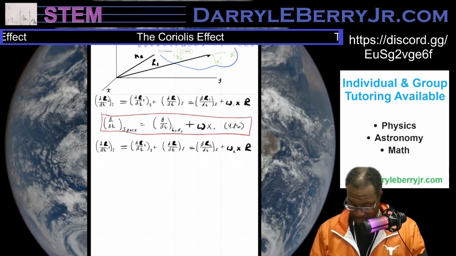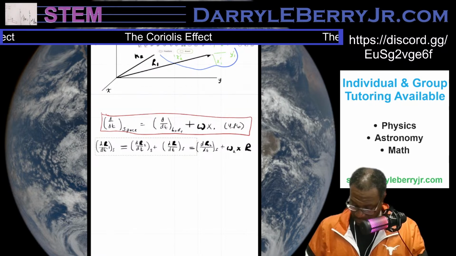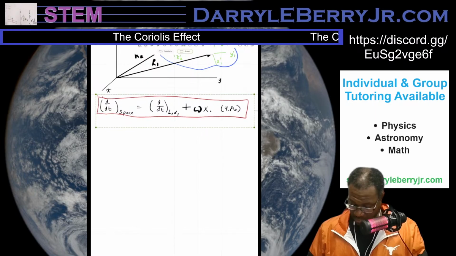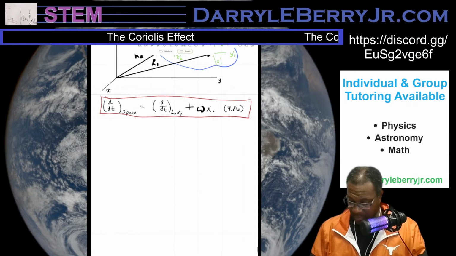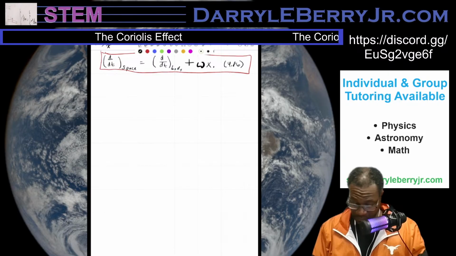So let me just erase this and I'll start this over without the typos from the book. We're going to apply this equation to get the derivative of R2.